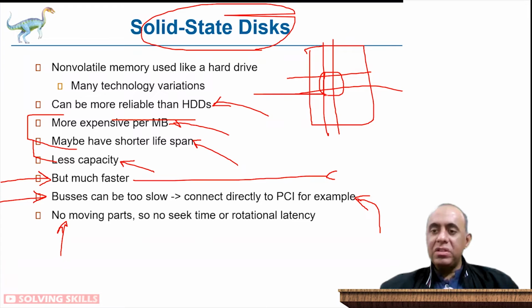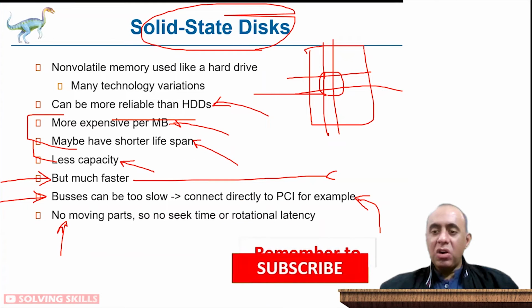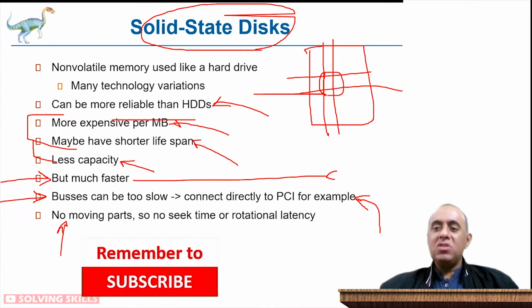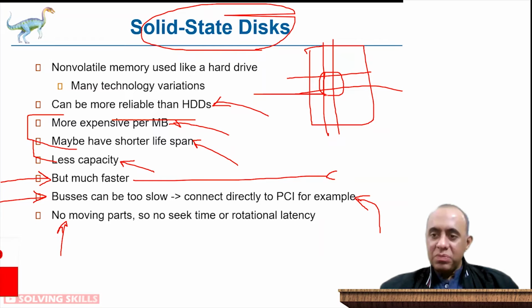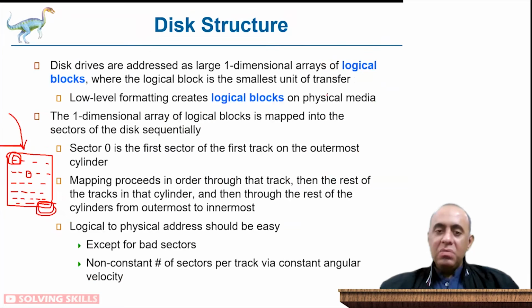It's normally a green circuit board on the bottom of the storage device. That controller is responsible for translating the logical block number to the physical location of that data. So right now we're not really much concerned about that translation.